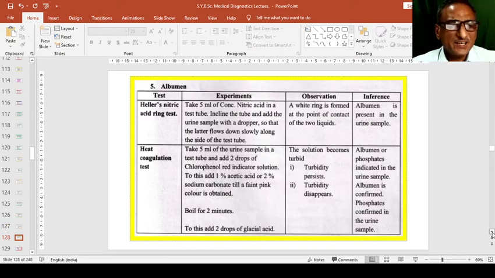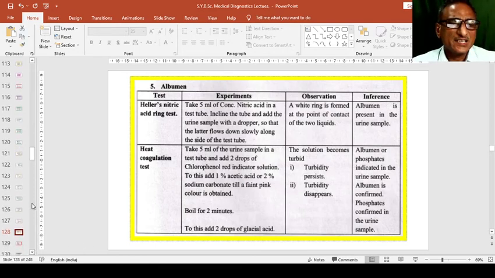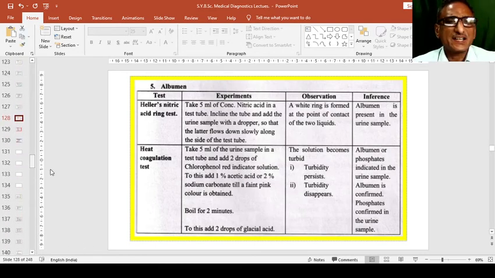Then albumin testing. If albumin is present in the urine, it can be identified by Heller's nitric acid ring test. Take 5 ml of concentrated nitric acid, then add urine. If a white ring is formed at the point of contact of these two liquids, then albumin is present.